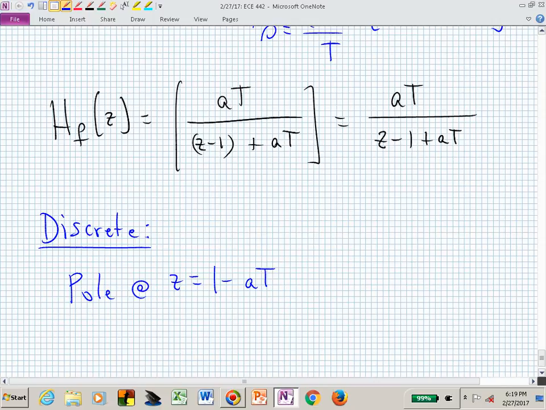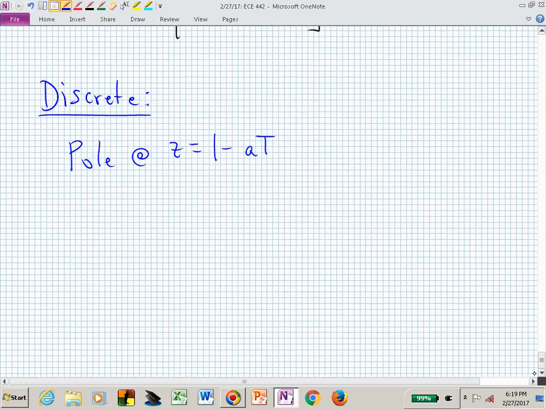Does that seem okay? Where is that pole located relative to the unit circle? The boundary of the unit circle would be right at 1. Now we're just moving a little bit closer to 0, the origin, so we're inside the unit circle, and it depends on the sampling period, capital T, and the original pole location of our low-pass filter, which was determined by A. So if we had a low-pass filter with a bandwidth of 10 radians per second, little a would be 10.